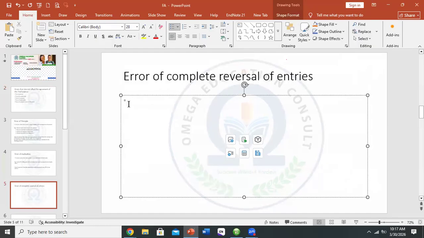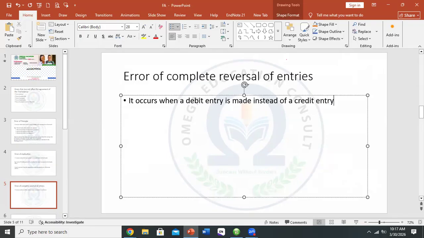It occurs when a debit entry is made instead of a credit entry, and the corresponding credit entry is made instead of a debit entry.